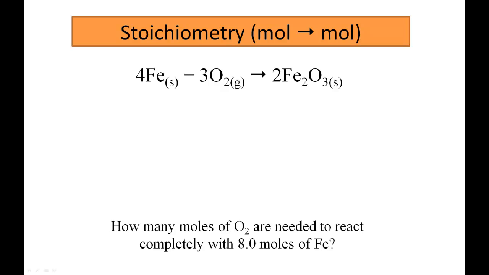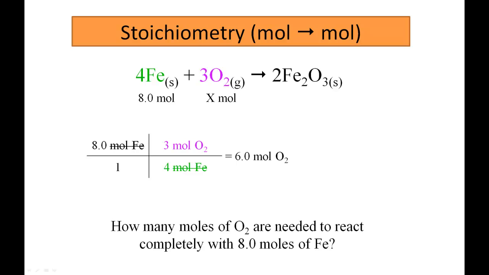Let's look at another example. How many moles of O2 are needed to react completely with 8 moles of Fe? We're going to do the same thing, except now we're going to see how many moles of oxygen are needed to react. So we start off with 8 moles of iron, and we want to know how many moles of oxygen are going to react.